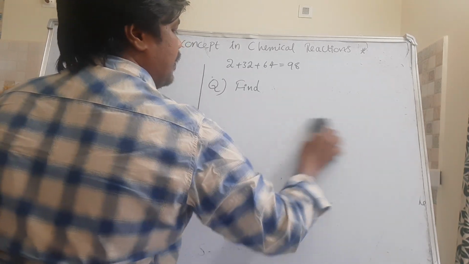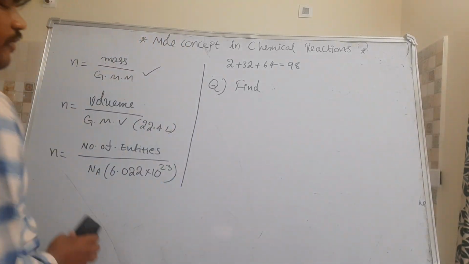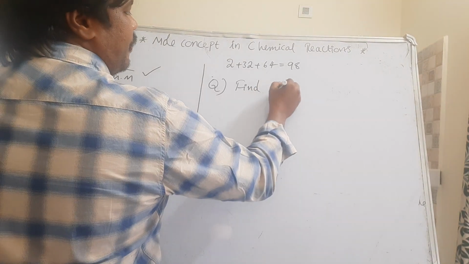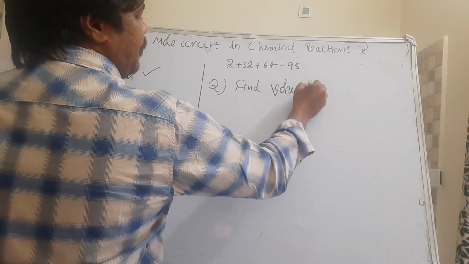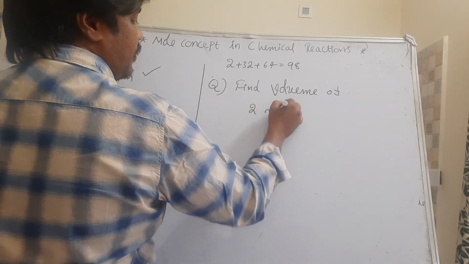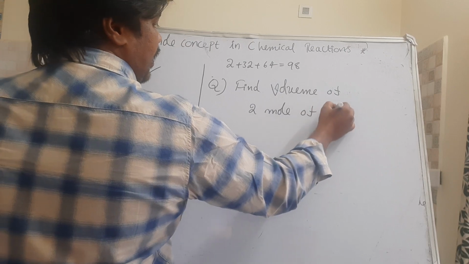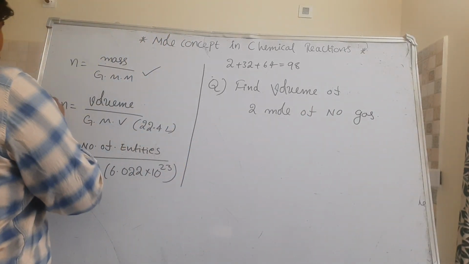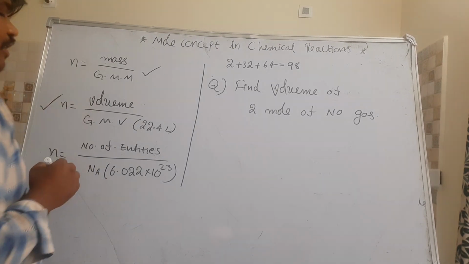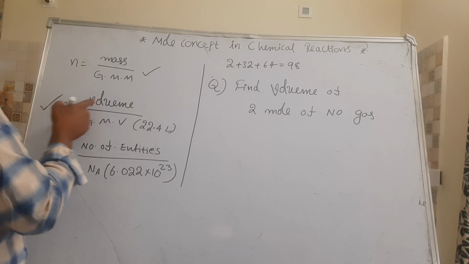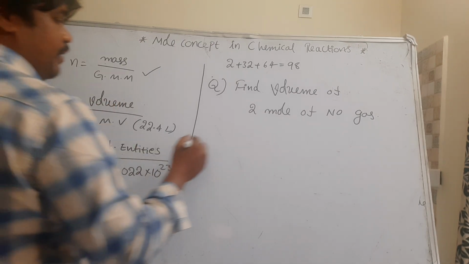Find volume of 2 mole of NO gas. Now you have to use the volume related formula. Number of moles is equal to volume divided by gram molar volume.